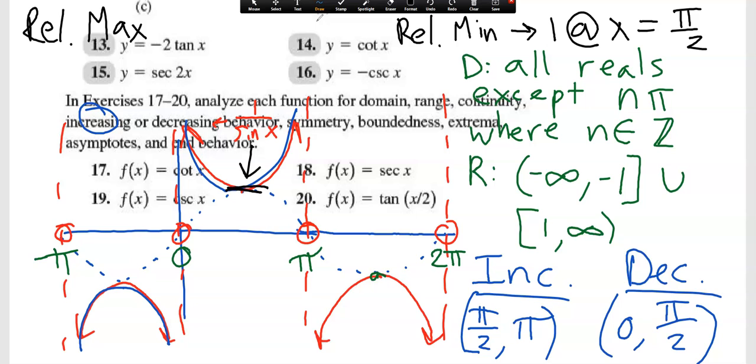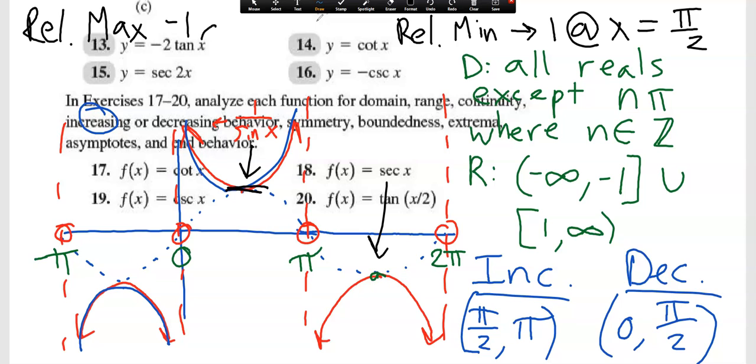So relative max. Do we have any relative maxes in the house? -1 is the y value. Sure. Okay, so which one do you want to pick? The one on the left or the one on the right? The one on the right. Okay, we'll do that. So we're focusing on that one.